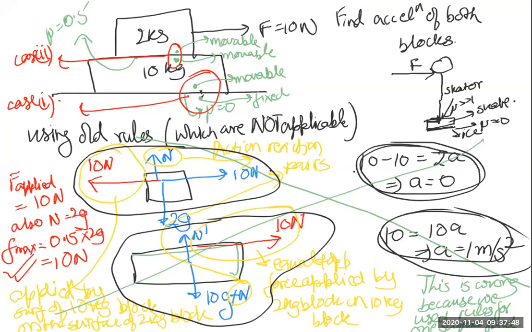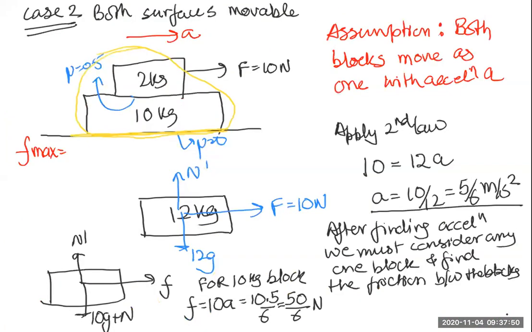So F max will be equal to 0.5 into N, which is equal to 0.5 into 2g, and this will be equal to 10 newtons.